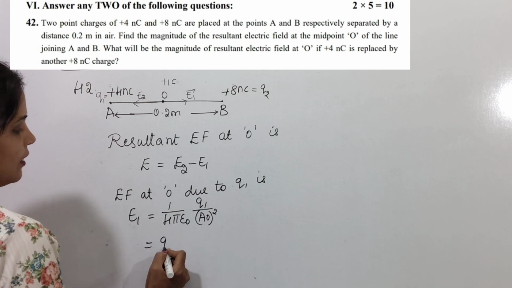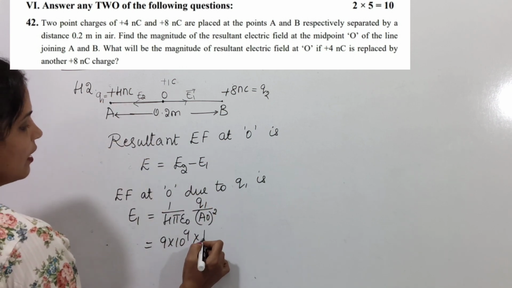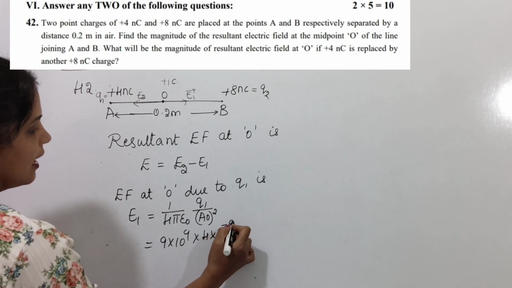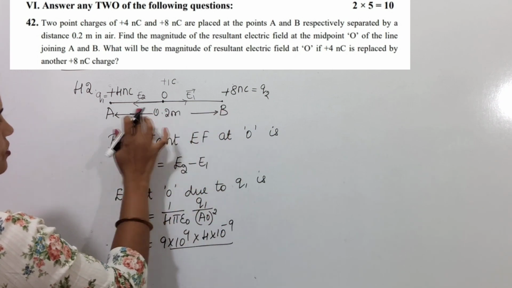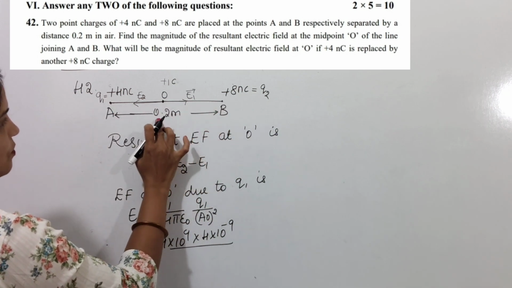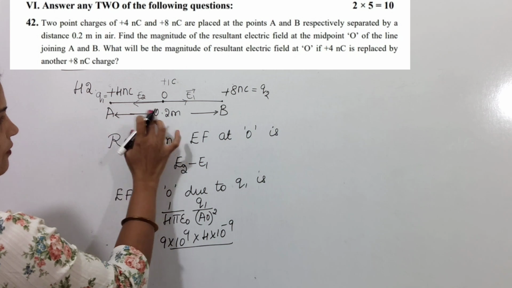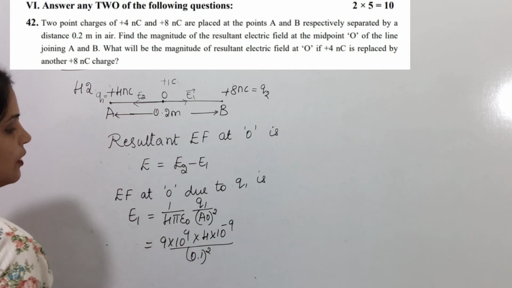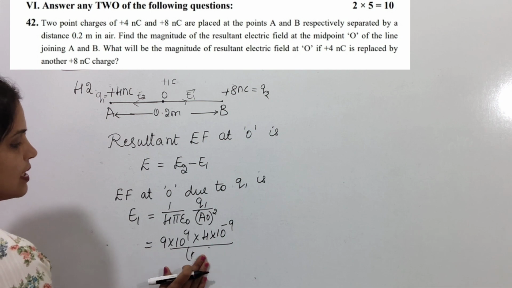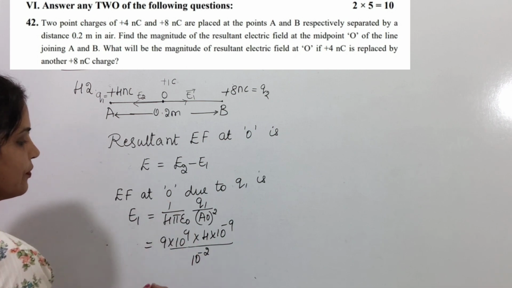So it is 9 into 10 to the power 9, Q1 is 4 nano, 4 into 10 to the power minus 9, divided by the distance. The total distance between the two charges is 0.2 meter, and O is the midpoint of the line joining the two charges, so half of the distance is 0.1. 0.1 squared means 10 to the power minus 1 squared, which is 10 to the power minus 2.